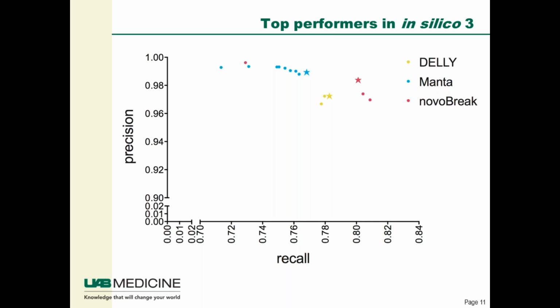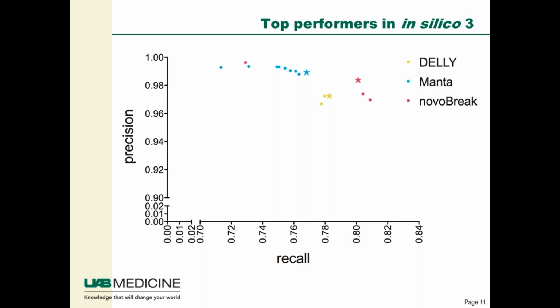So this data set is the most challenging one for structural variations. This figure shows the top 3 performers of this challenge. All the dots represent the submissions of the 3 top performers, DELLY, Meta, and NovelBreak. The stars indicate the best result of each method.